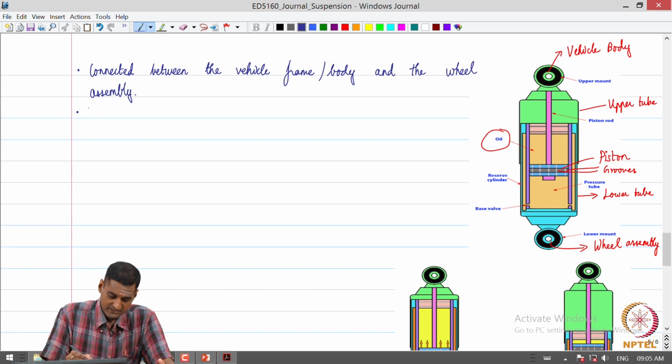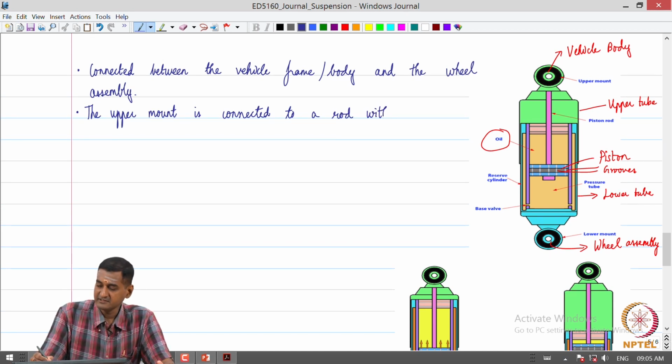The upper mount is connected to a rod which has a piston immersed in oil.